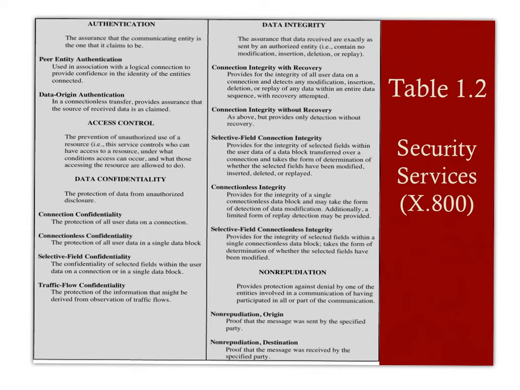So data integrity, similar to confidentiality, can also be subcategorized, starting with connection integrity with recovery. Just because you ensure integrity doesn't mean you can always recover if the data does not have integrity. Those are two different things.